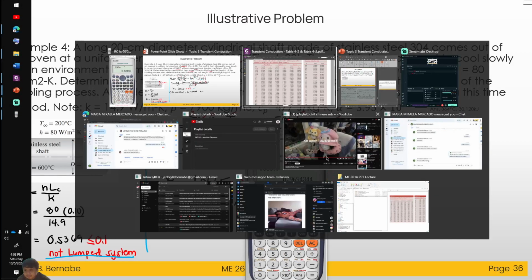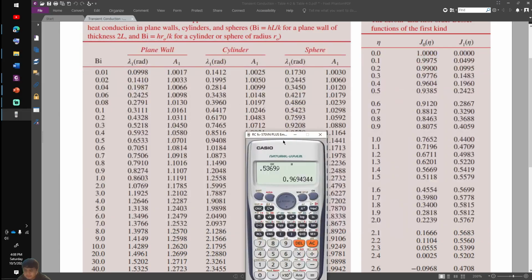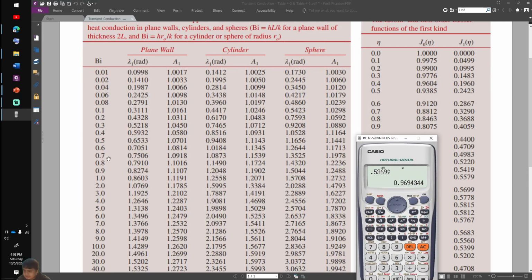For the coefficient here, we need to use this coefficient. So 1.1143. I'll just edit this. You can edit this in the data. So you can just change this: 1.1143 and 1.1345.